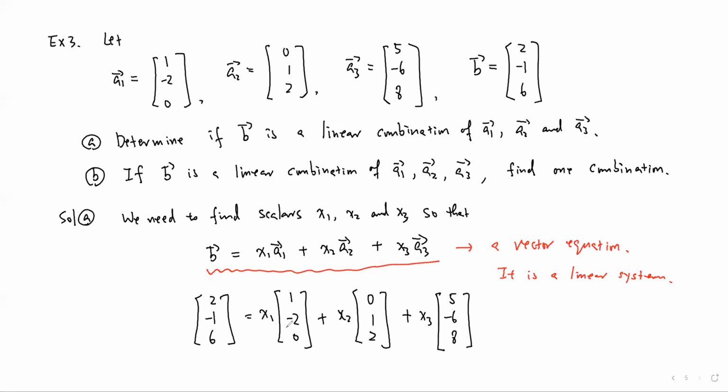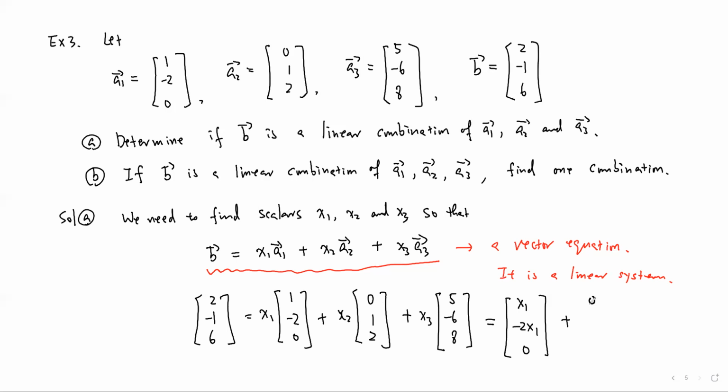All right. Now the right side, x1 times a vector. x1 is a number. A number times a vector is the number times all the entries. x1 times 1 is x1. Then x1 times -2 is -2x1. Then x1 times 0 is 0. Then plus x2 times this vector. x2 is a number times all the entries.